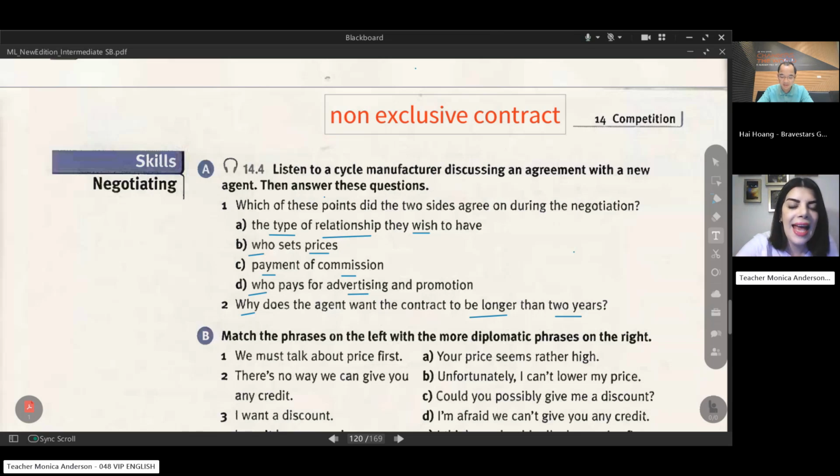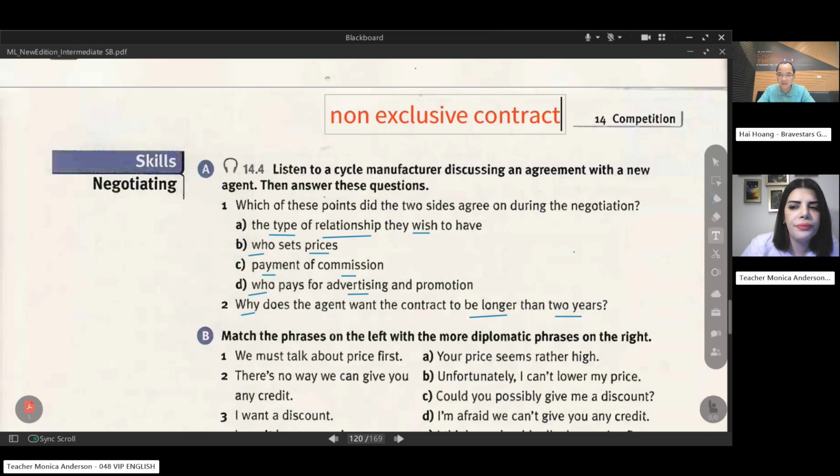And payments of commission. The first manufacturer says 15. Did they agree on the rate of commission? I'm not sure.